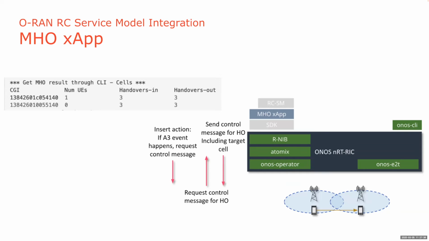It just approves all the MHO handover requests. Like I mentioned, the handover procedure is held off on the gNodeB side, but once the control message comes in, the procedure is resumed. So that is how the MHOX application is working.